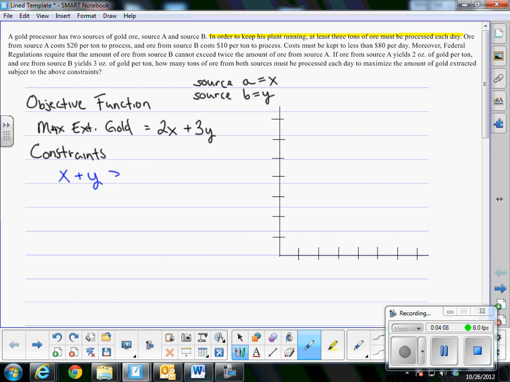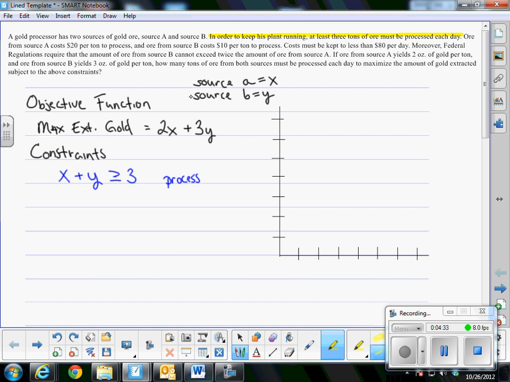Now, at least, that keyword means greater than or equal to. So we get that constraint, and that's a process constraint. I just like to label each constraint so I can later go back and know what x plus y greater than or equal to 3 referred to.